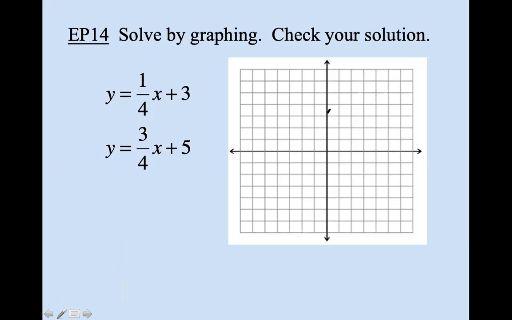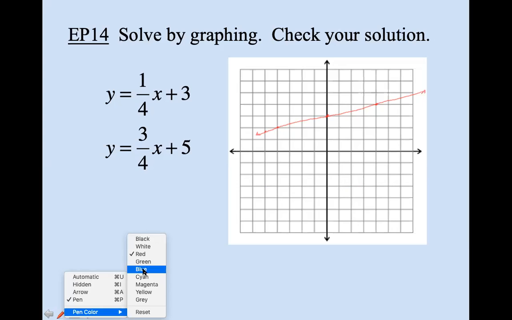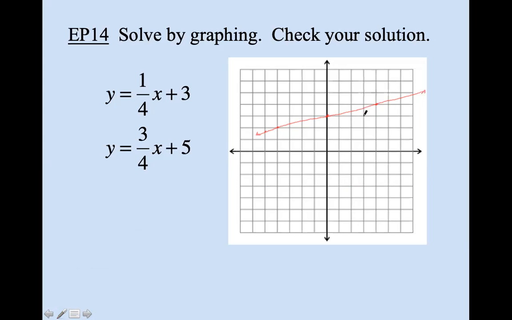My y-intercept is a positive 3. My slope is up 1 and over 4. And again, I'm going to do another point just so I can be more accurate here. Try to go through that line. That one's kind of curvy. All right, our second line, grab blue this time, is 3/4 x plus 5.